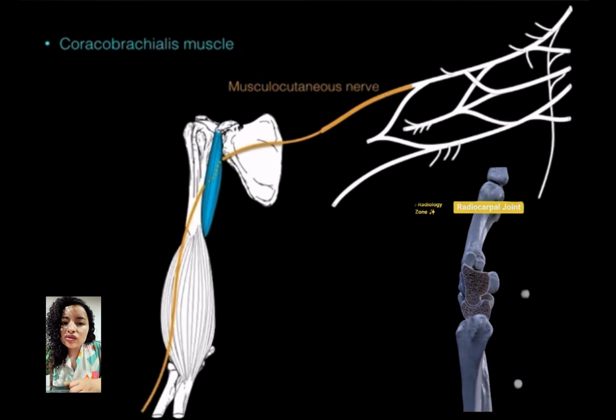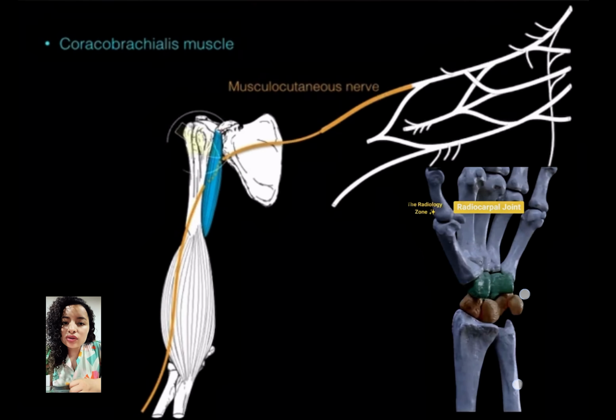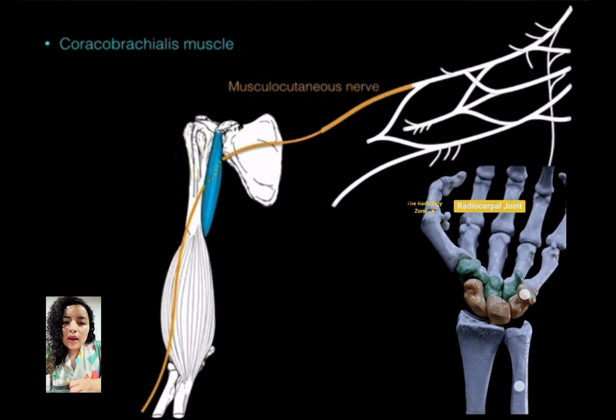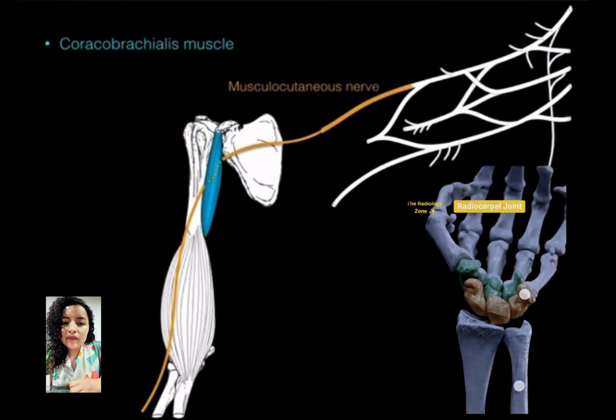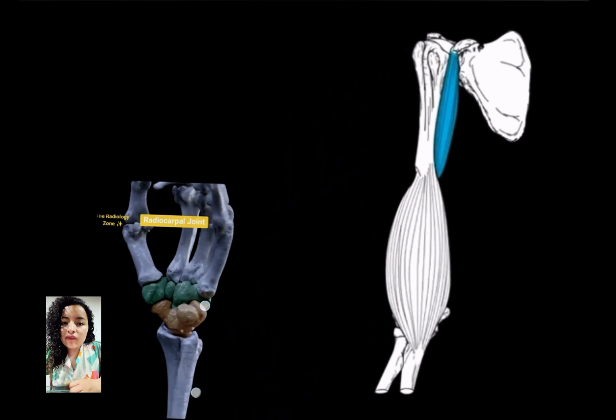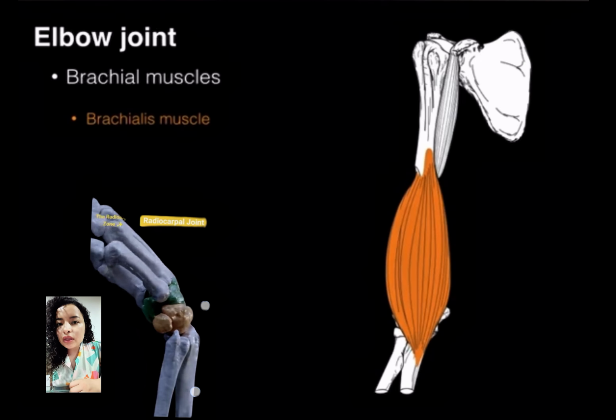So when the muscle contracts, it crosses in front of the elbow and flexes that joint.